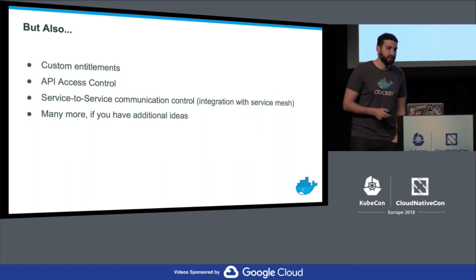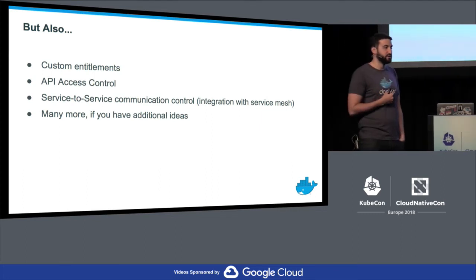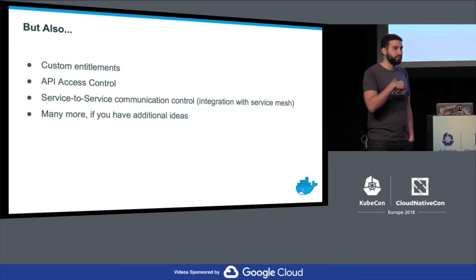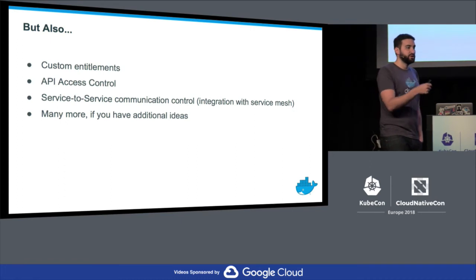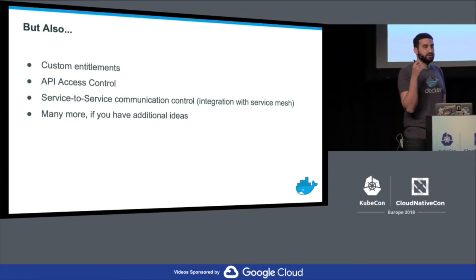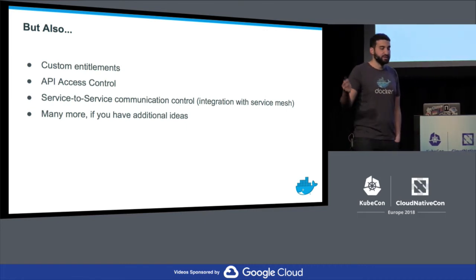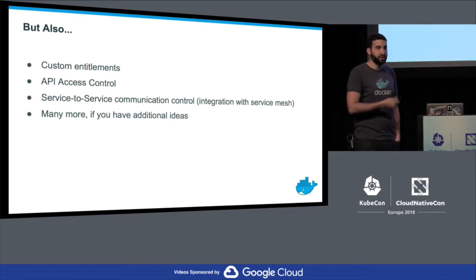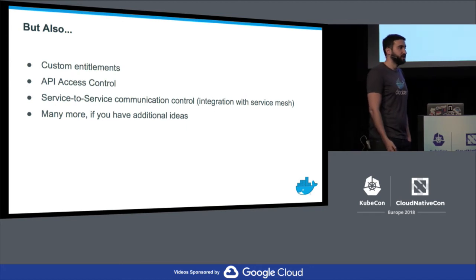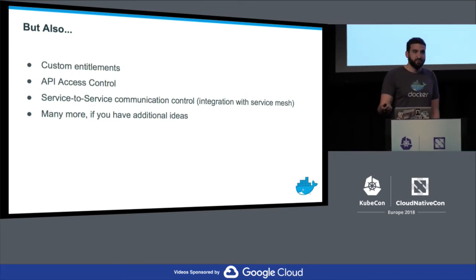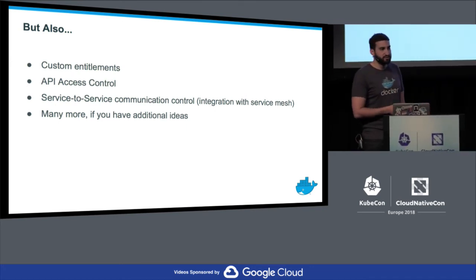Basically, the idea is to have directly inside the security profile information on which services your app has the right to talk to. And if you have any additional ideas, this is still a very open discussion, and we need everyone to participate to make the best out of the entitlements.